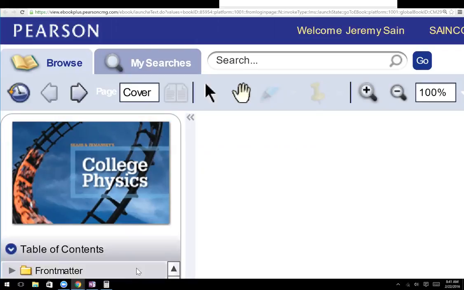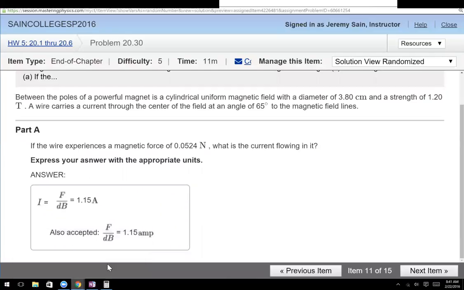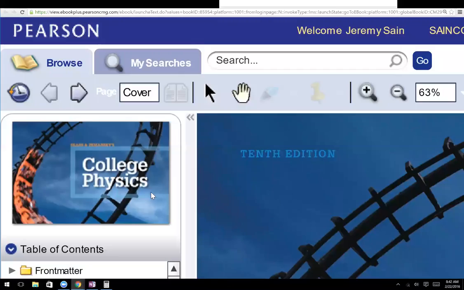Okay, what? The 1.2 is the B. And again, they have somehow made this thing freaking huge.